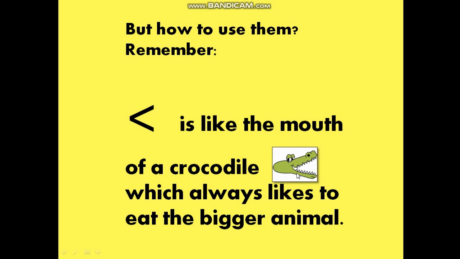And you know that a crocodile wants to eat bigger animals so that its tummy is full. So this sign will also face towards the bigger number, or larger number, or greater number. All these things mean the same.